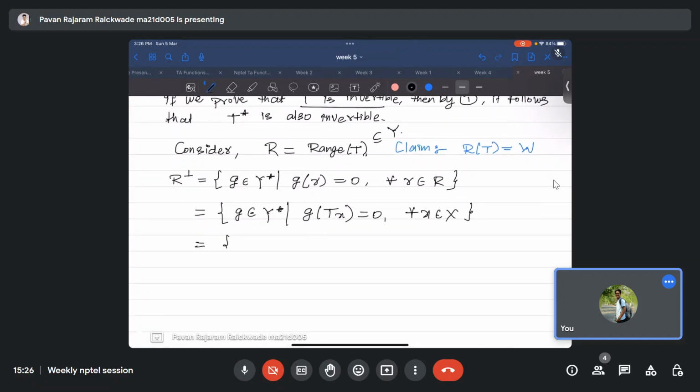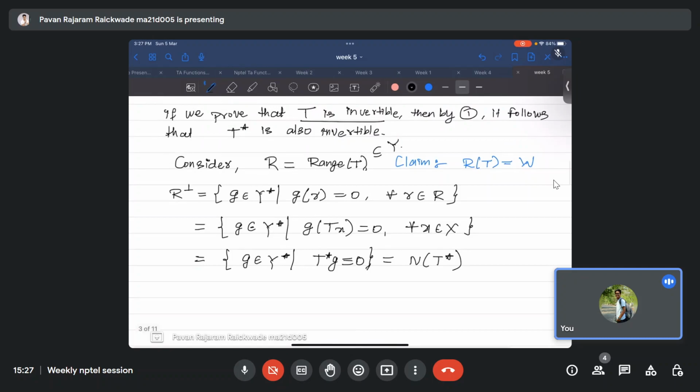So this is G belonging to Y star such that G composed with T, or simply T star G, is identically 0. This is the null space of T star, correct?